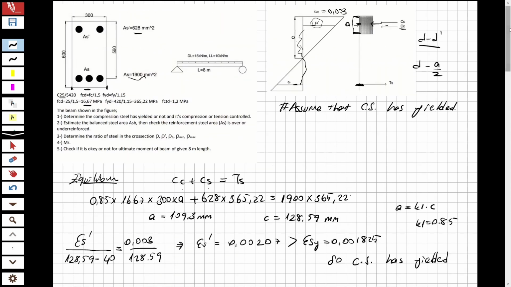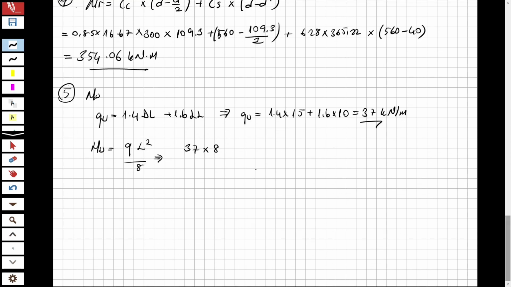This is L, you can see it is 8, okay? And this will be 8 squared over 8, that will be equal to 296 kilonewton meter, the moment that can be created by this 37 kilonewton per meter force.